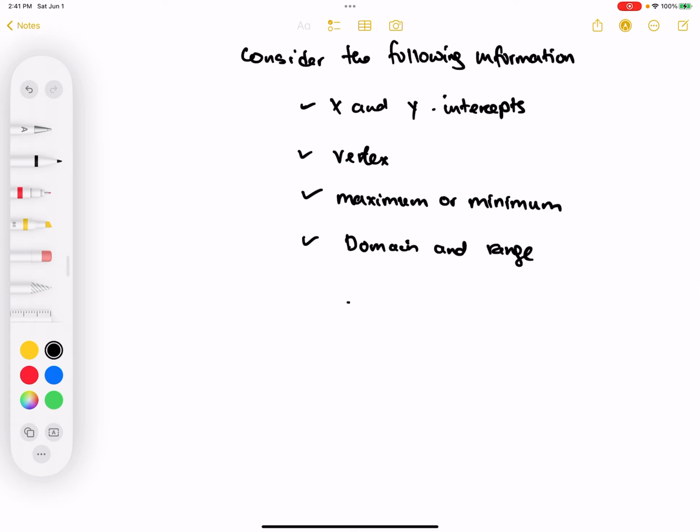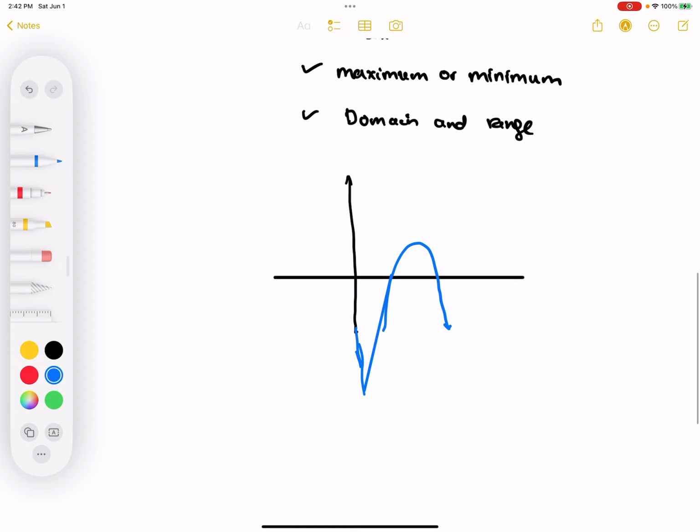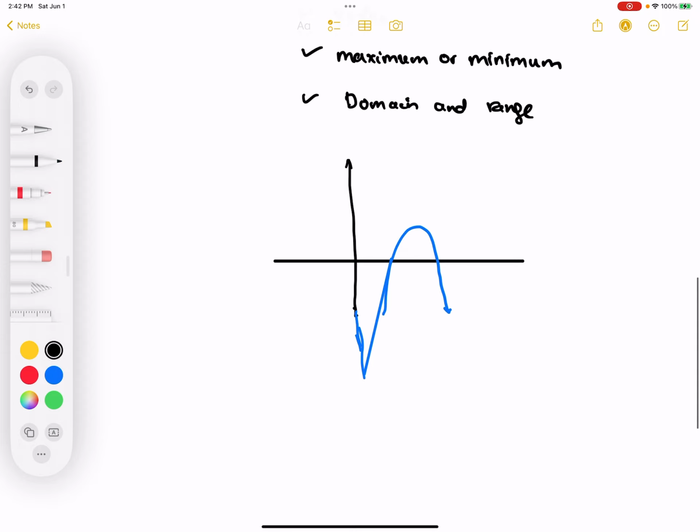For example, let's say the graph of a quadratic function is this one. It is not drawn to scale, it is a sketch.